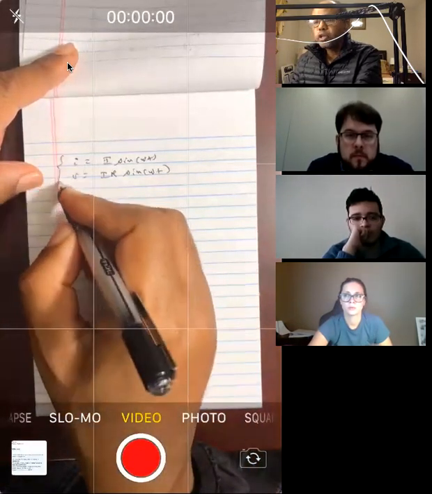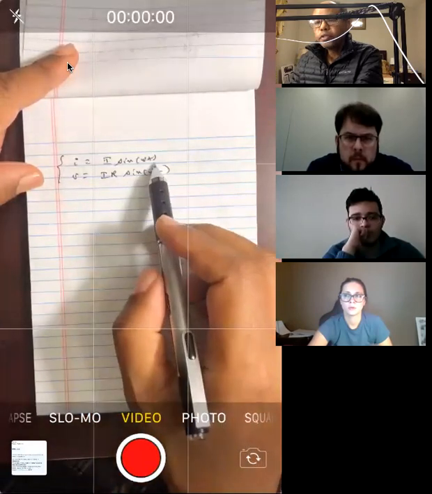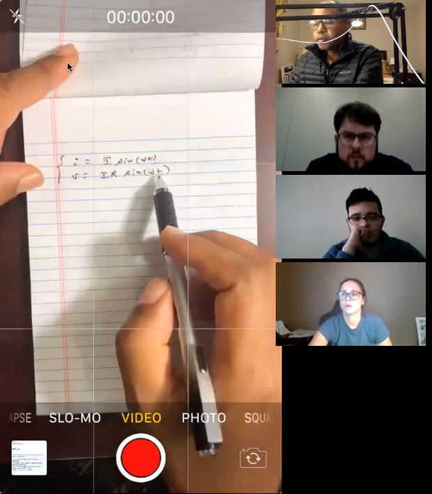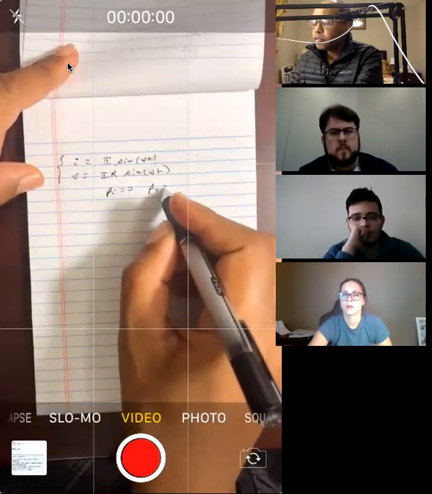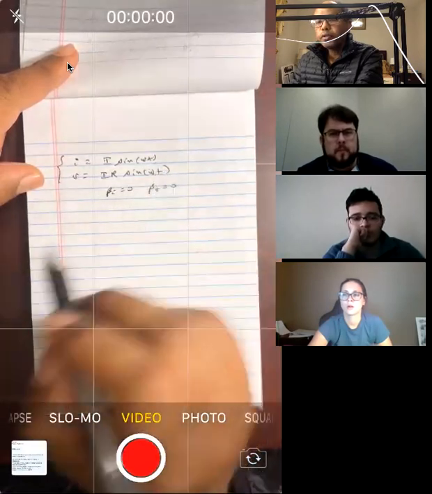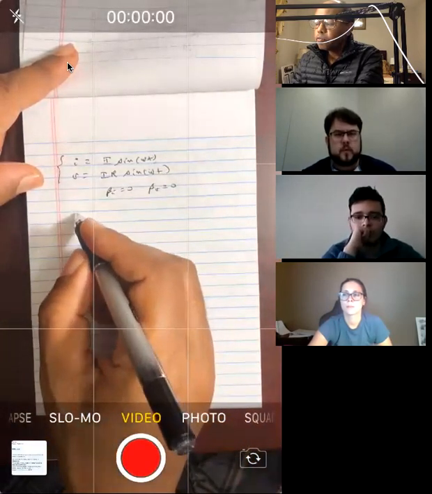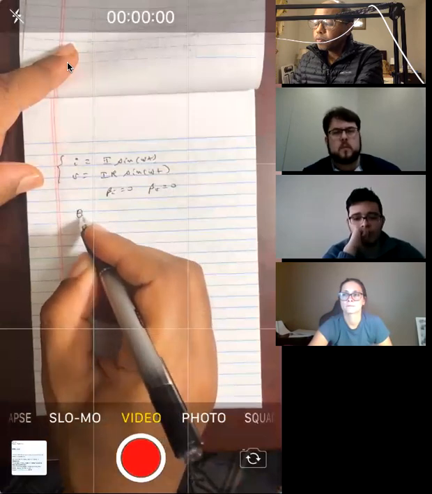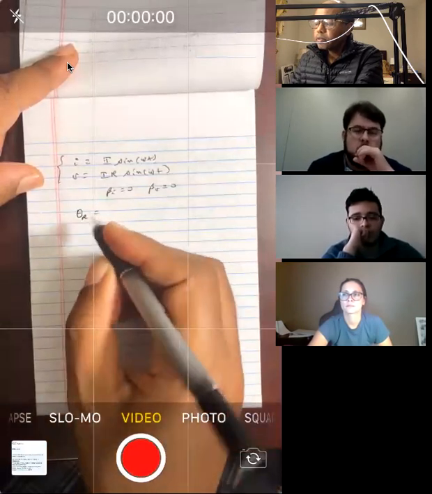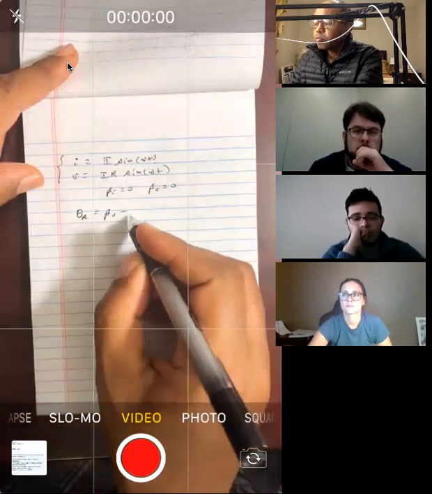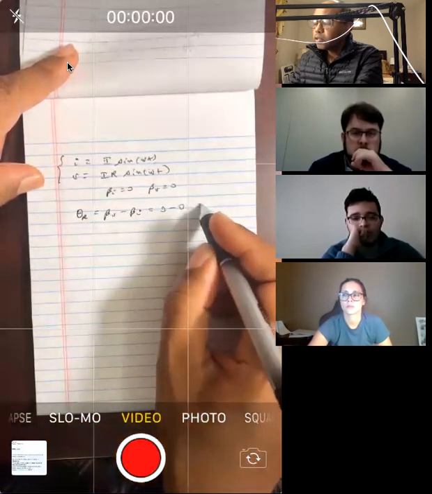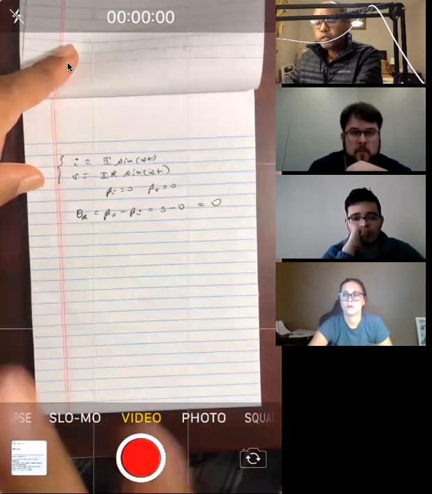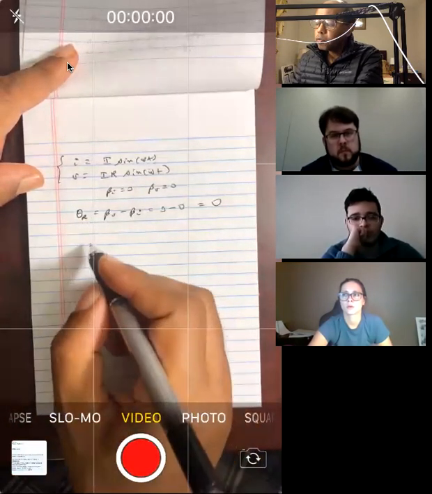The phase angle over here is 0, and the phase angle over here is 0. So beta I is 0 and beta V is 0, right? We don't have any number over here. So the phase shift of voltage with respect to current, represented by theta R, is the phase angle of the voltage minus the phase angle of the current, which is 0 minus 0. In other words, they're in phase. They're oscillating together.